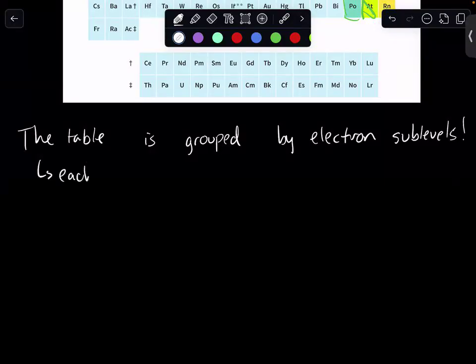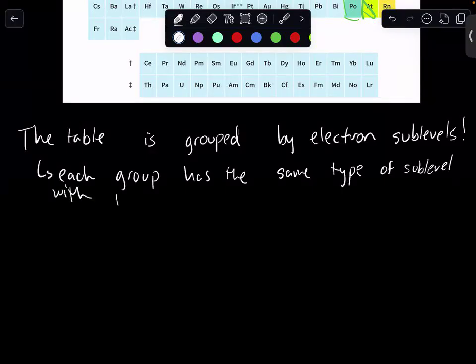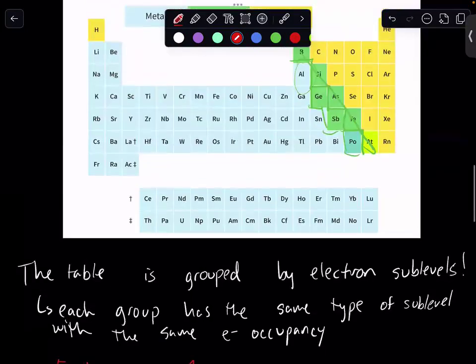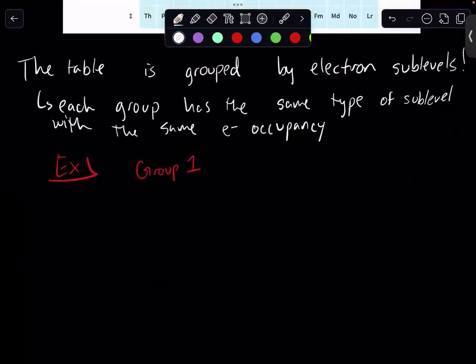Specifically, each group of the table has the same type of sublevel with the same electron occupancy. So you might be saying, well, what do you mean by that? Well, let's take an example. Let's just look at group one. Looking at group one from my periodic table, hydrogen all the way to francium, we'll look at our points starting with hydrogen, lithium, sodium, and sure, we'll go to potassium.